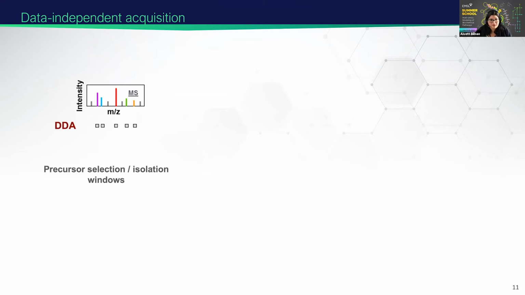Then what does data-independent acquisition consist of? We take those isolation windows, and instead of making them small for a specific precursor, we just open that isolation window to cover the whole mass range.